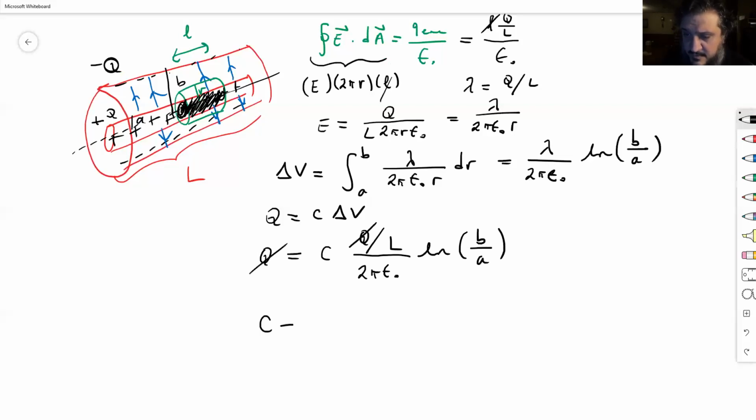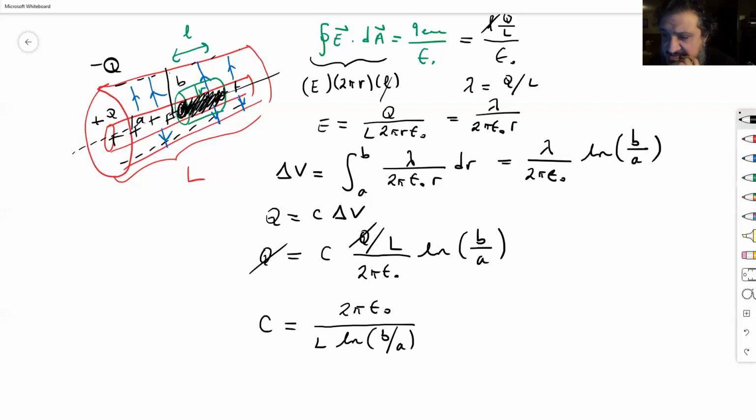If you solve for capacitance, you'll get 2 pi epsilon 0 divided by L ln B over A.